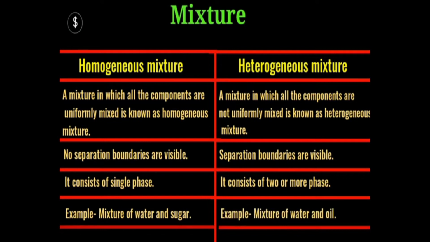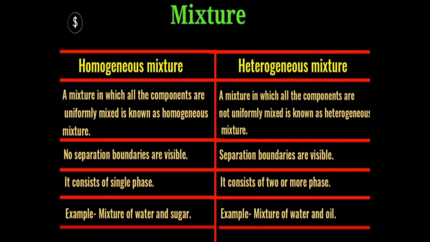But in a heterogeneous mixture, separation boundaries are visible. If we put oil in water, it will make a layer, so we can clearly see the separation between the two. Then, a homogeneous mixture consists of a single phase, and a heterogeneous mixture consists of two or more phases. That is, if we put anything in a homogeneous mixture, it gets dissolved, so we cannot see what is put inside it until we taste it.